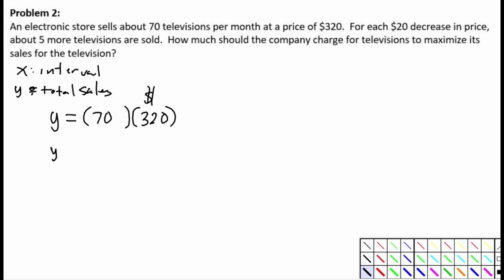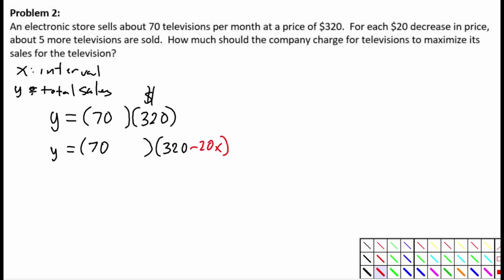Okay, so they're saying that we're going to decrease the price by $20. So I'm going to write this a little bit larger now. That means we're going to take this $320 and decrease it by 20x.